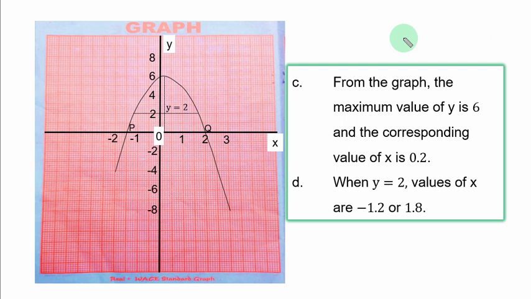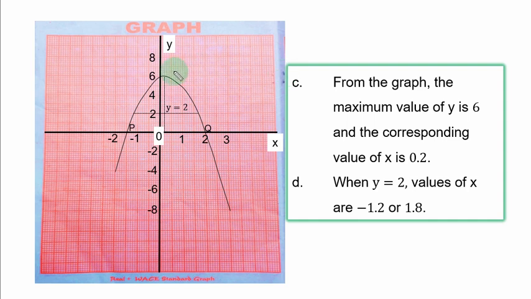To answer questions C and D, there is every need to reproduce the graph and do some markings, then we get the respective values. So C, we have to find the maximum value of y and the corresponding value of s.